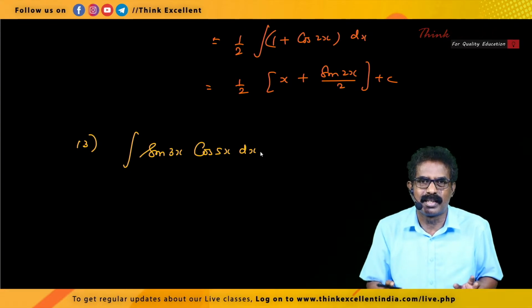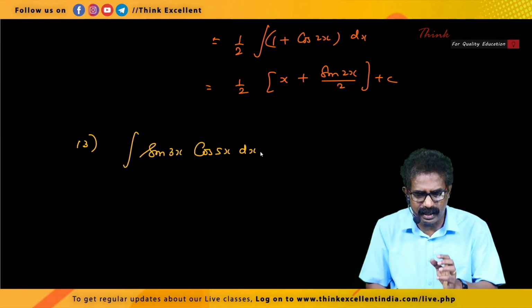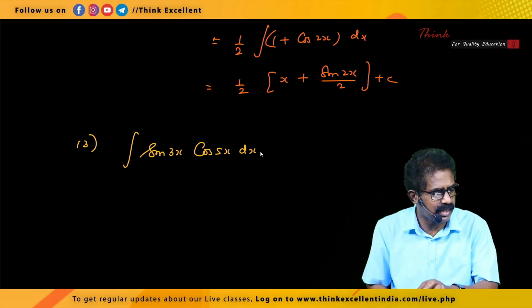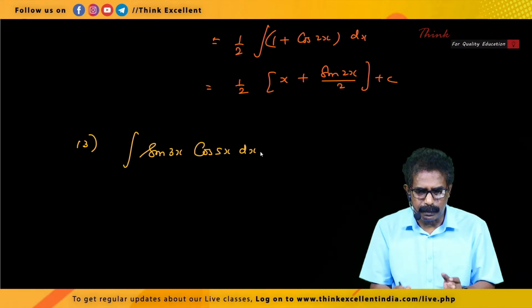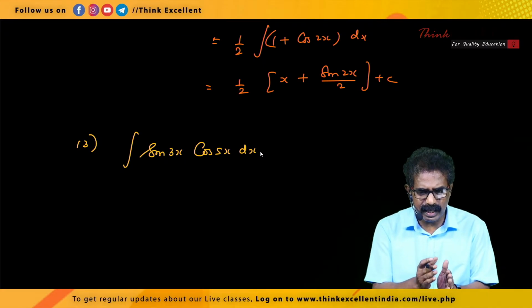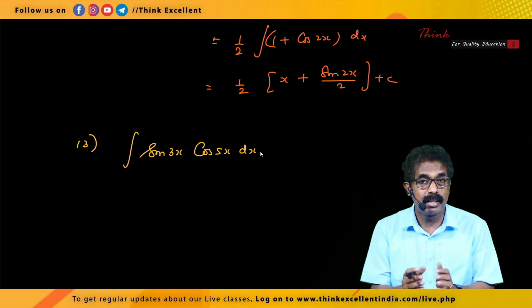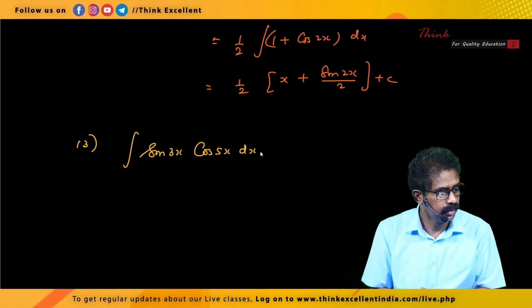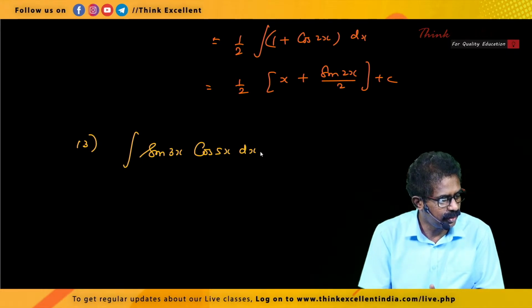How can we integrate this? Which formula can we use here? If there is a plus or minus in between, we can do it immediately, right? Sine 3x plus cos 5x we can do separately. But in a multiplication, yes, we have to use a trigonometric formula. Joshua gave a superb answer.